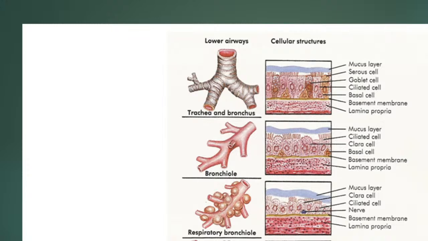The wall of bronchi has features in each part of the bronchial tree. Large bronchi, like the main primary bronchi, have a diameter from 10 to 15 millimeters. These are secondary segmental or tertiary bronchi.